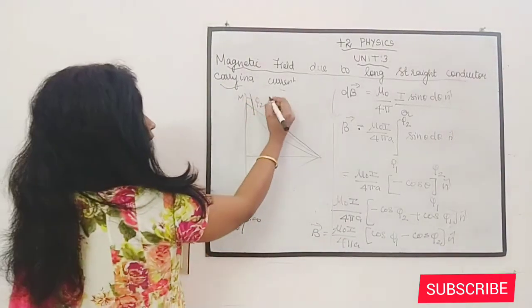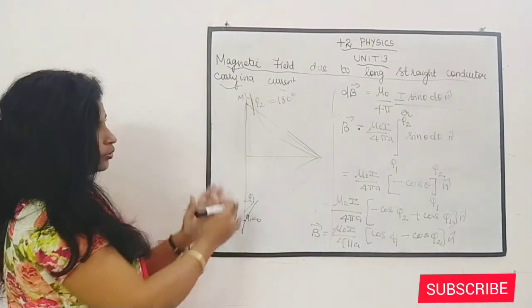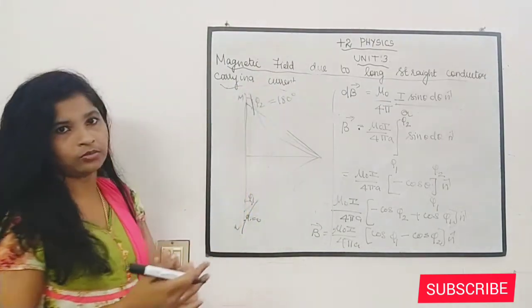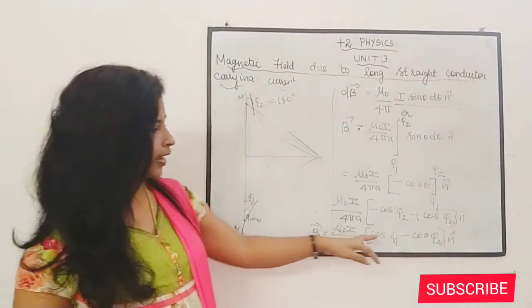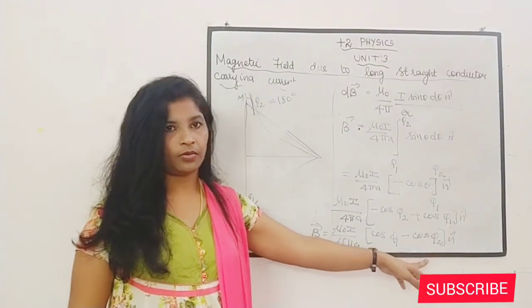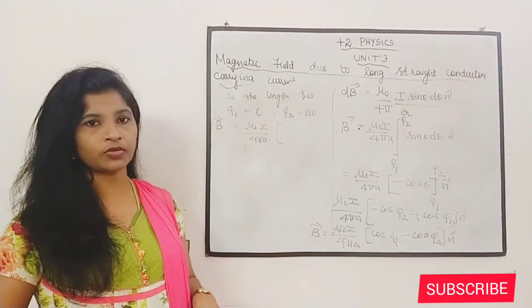So what about my phi 2? It will become 180 degrees. Understood? As the length increases, this becomes 0 and that becomes 180. So my phi 1 becomes 0 and my phi 2 becomes 180 degrees.